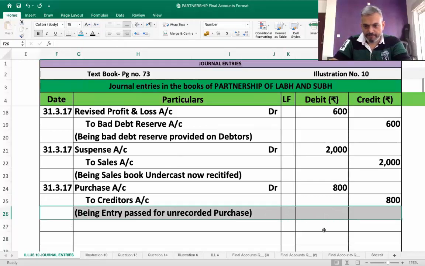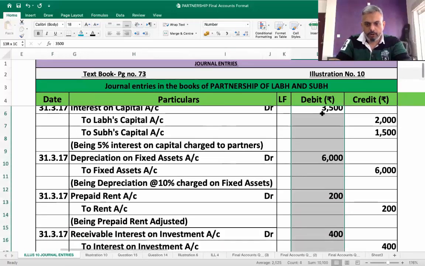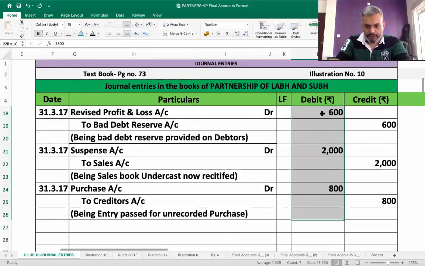To be on the safer side, do the totals. Although it is not done in the illustration, I strongly request you to do it.